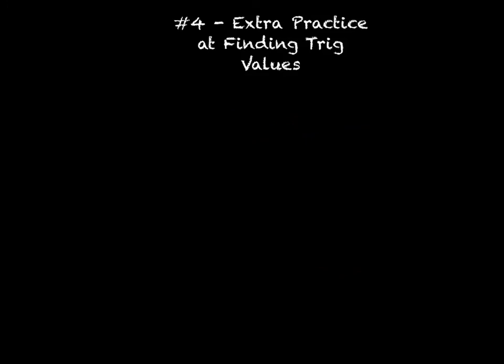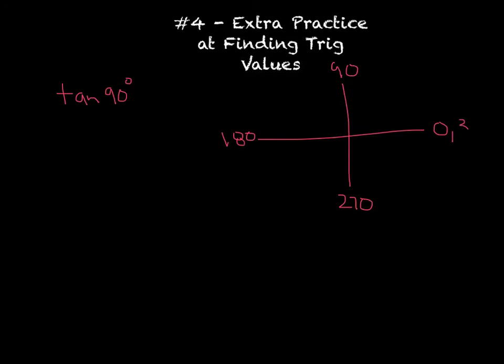All right, let's do a few more here. And let's say this time we want to find the tangent of 90 degrees. All right, now notice something. 90, let's just draw this out. So you have 0, you have 90, you have 180, you have 270, and this is also 360.